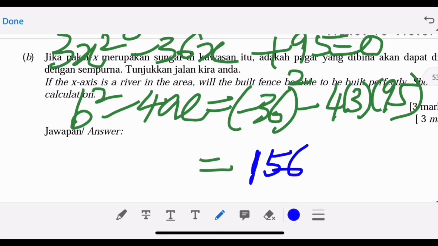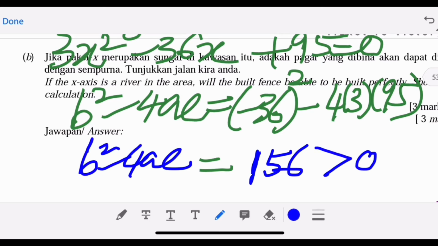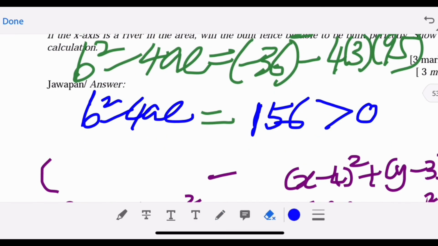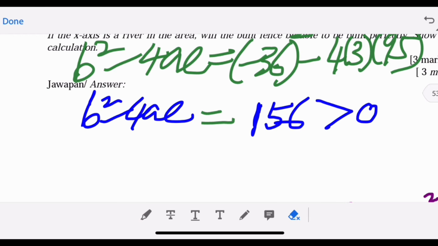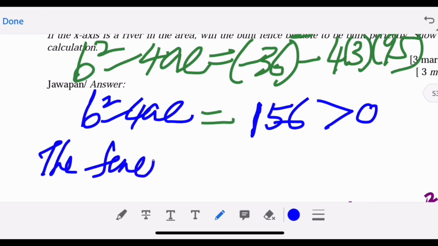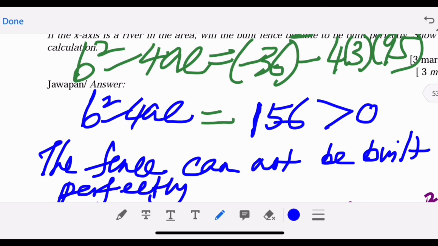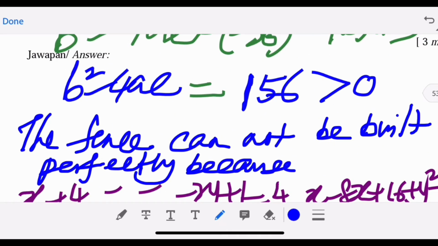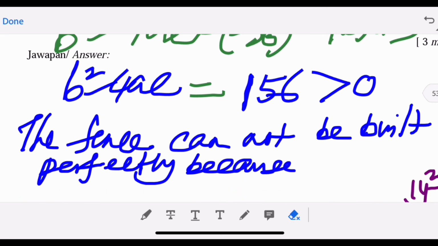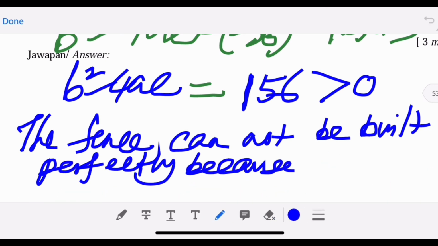So if you press your calculator, you will get a value which is greater than 0. That means b squared minus 4ac is positive. Hence the conclusion is the fence cannot be built perfectly, because it intersects, not touches.